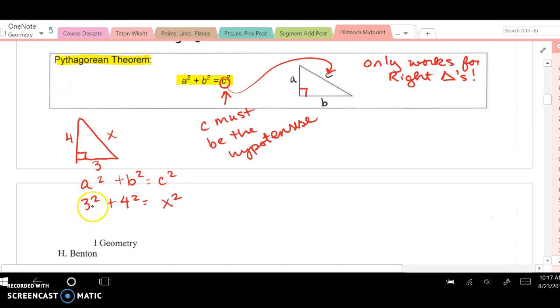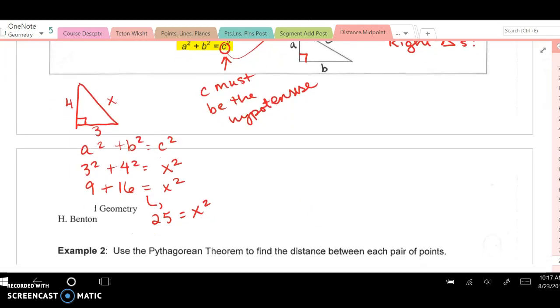You know that squared means a number times itself, so 3 times itself is 9. Be careful not to call that 6. It's not 3 times 2, it's 3 times itself. And 4 times itself is 16. So 9 plus 16 is 25.